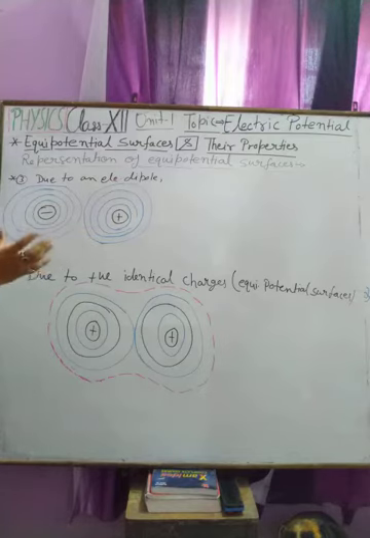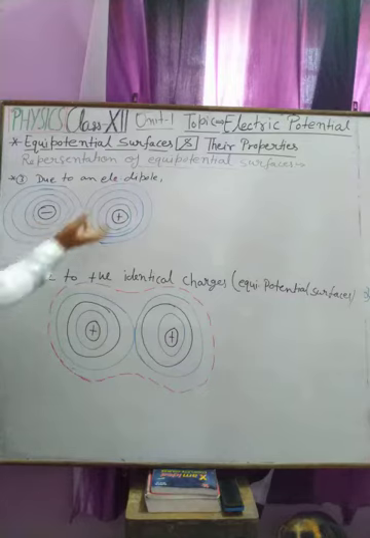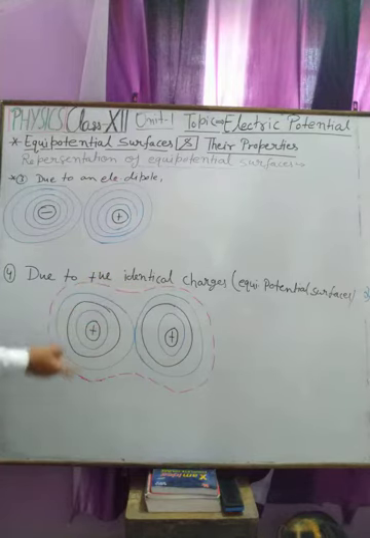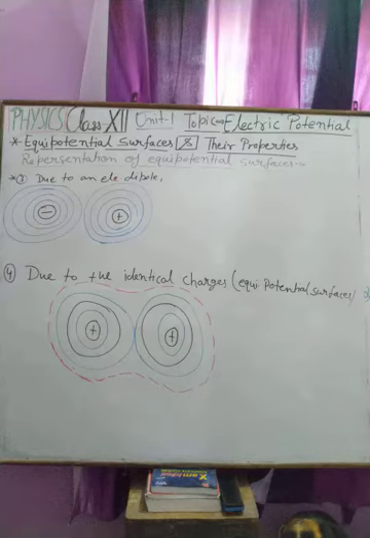These are some special complicated forms of the electric potential surface. And second, this is due to two positive identical charges. The equipotential surfaces are like this. Just copy. Then we go for the properties of equipotential surfaces.